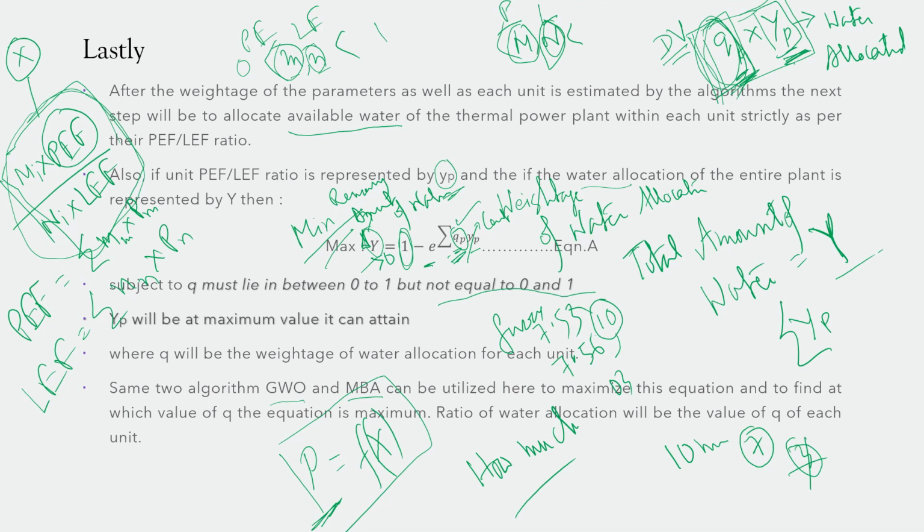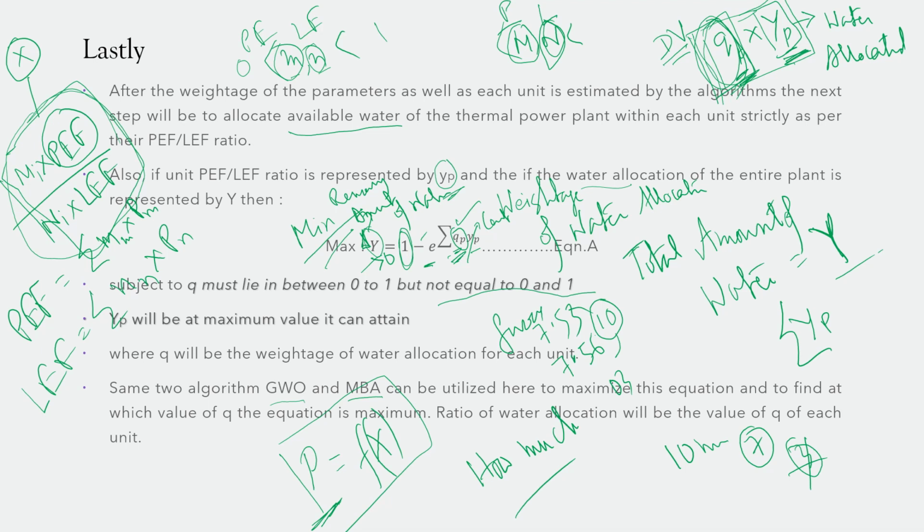So it is a minimization problem. And how are we leading it to 0? By using this 1 minus e to the power, this is the magnifier, such that the difference is clear to us. Summation of QP YP. So QP is our weightage of water allocation for the P unit. YP is the water already allocated.